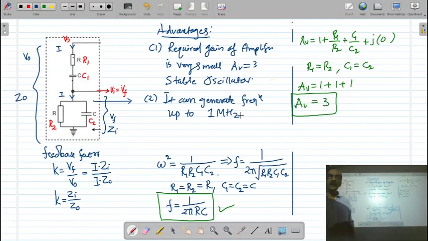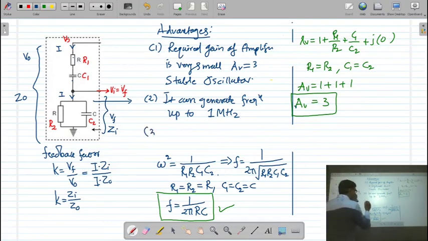But if your requirement is less than 1 megahertz, then this is a very suitable oscillator circuit, because the required values of resistance and capacitor will be there. For a higher frequency, a very small value of capacitor is required, and in that case the stray capacitance is going to affect it, so you cannot use that one.